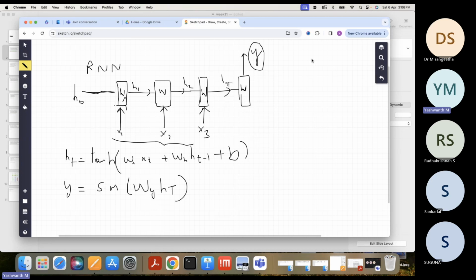So that review sentence is your X1, X2, X3, and the rating that you give is captured by Y. So that is many to one.